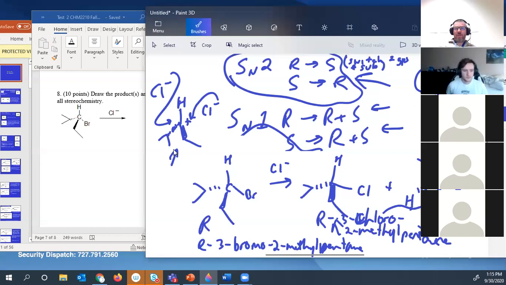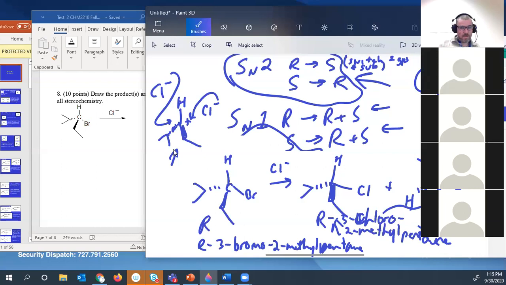All right. Any other questions? I know everybody's ready to move on, but hopefully this will be fast. In the original naming, how did you name the 3-bromo and the 2-methyl? What I did was, I drew a line structure. Right, okay.